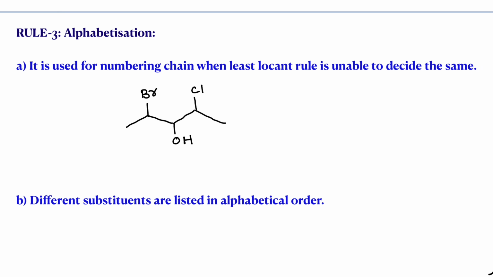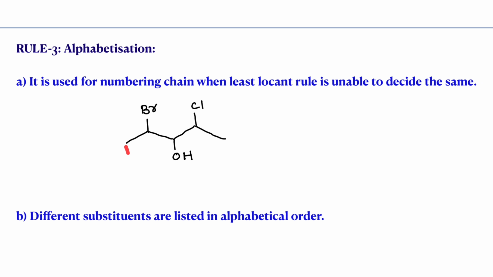You start numbering either from the left side or from the right side. OH receives the same priority, that is the third priority. Either from the left side or from the right side, OH receives the same priority, that is 3. Whenever the functional group receives the same priority from both ends, one should consider other substituents, other branches. Here we have bromine, here we have chlorine.